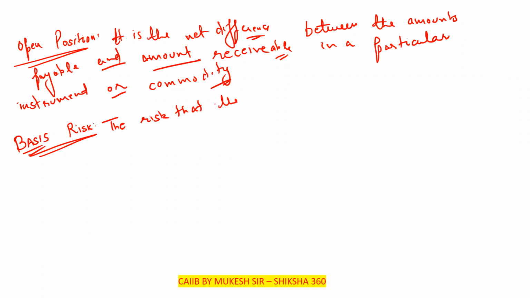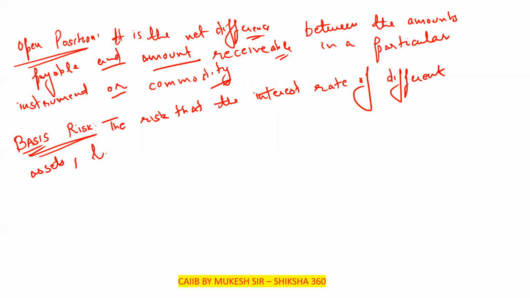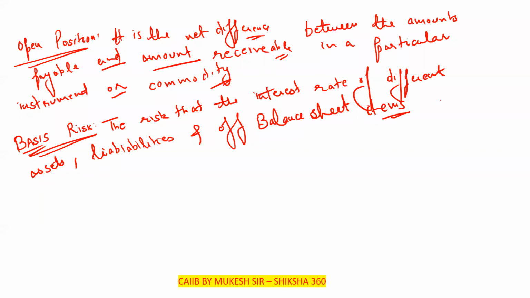Basically it is the risk that the interest rate of different assets, liabilities and off balance sheet items may change in different magnitude.